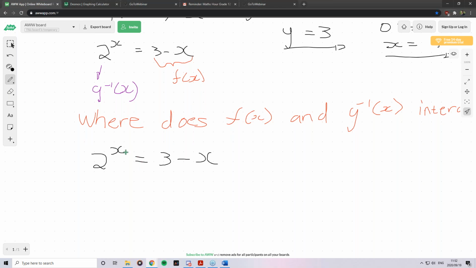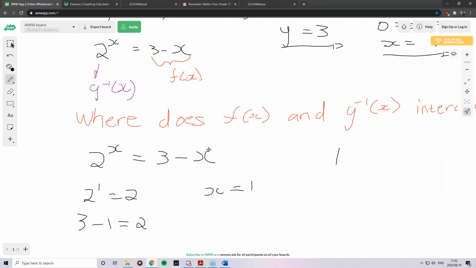Well, if x is 0, 2 to the 0 is 1, 3 minus 0 is 3, no. But if x is 1, 2 to the 1 is equal to 2, and 3 minus 1 is equal to 2, so x is just 1. That's literally it. The solution is that x is equal to 1.